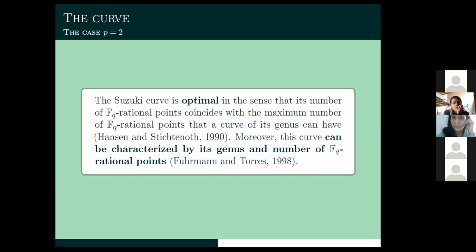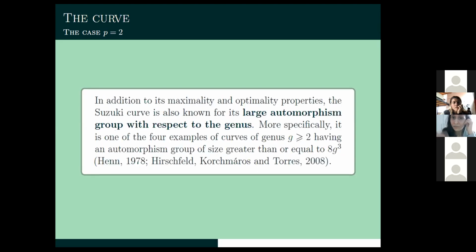We have a characterization of the Suzuki curve based on its number of F_q rational points and its genus. Also, perhaps one of the most interesting properties is that this curve has a large automorphism group with respect to the genus.